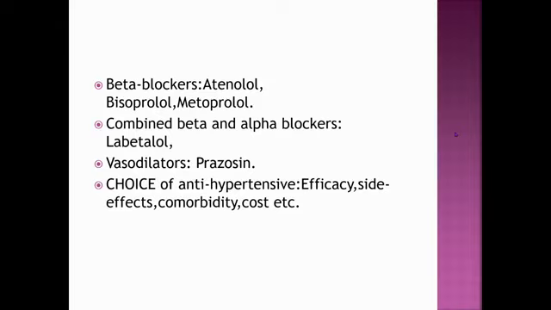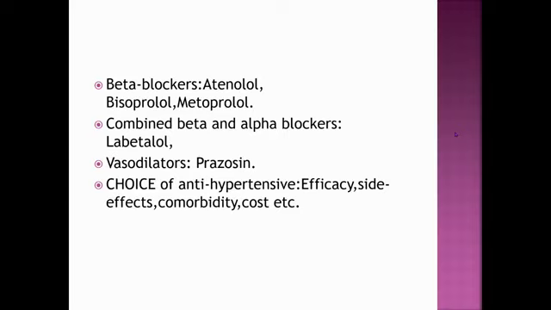Number one, you have to take a history from the patient. If the patient has any kind of obstructive airway disease like asthma or COPD, beta blockers are highly contraindicated. You should not prescribe atenolol, bisoprolol, or metoprolol to patients suffering from obstructive airway disease, mainly asthma. In pregnancy, they decrease the fetal heart rate, so they may produce problems.